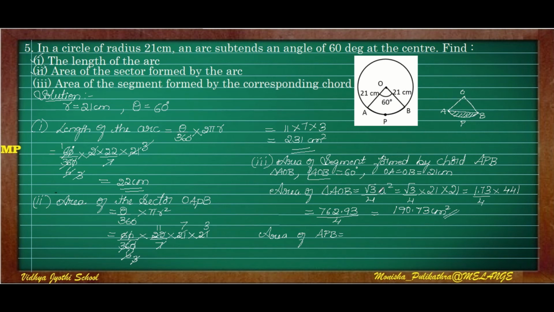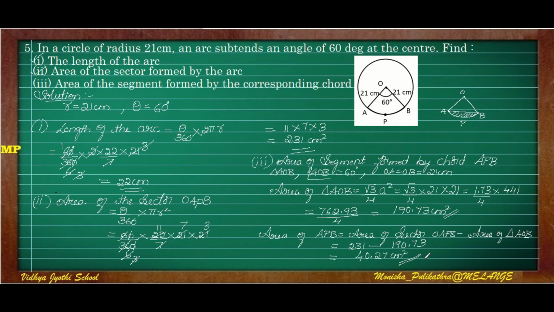That is area of sector OAPB minus area of triangle AOB. So the value of the sector is 231 centimeter square minus 190.73. If you subtract it, you will get 40.27 centimeter square. I hope you understood this.